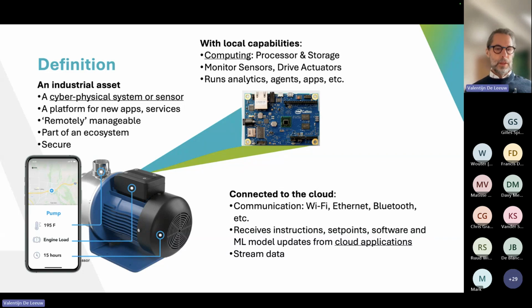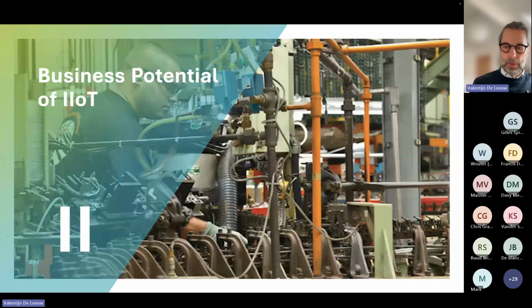So you can sort of remotely manage to some degree these industrial IoT assets and the whole software, both on the machine and also in the cloud. Good, so that's to just understand what we are talking about.